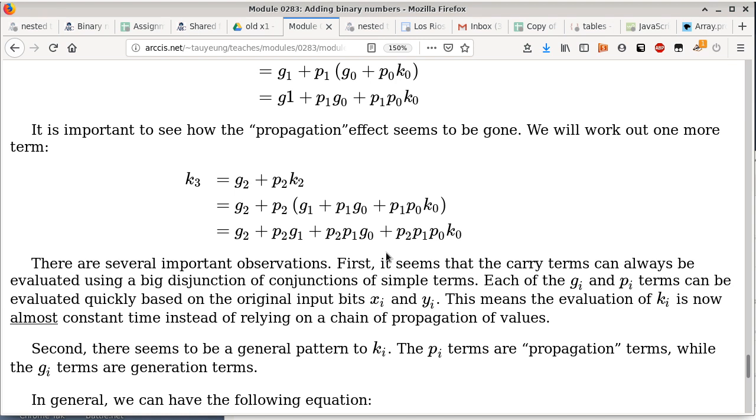So I just completely did this wrong? Well, you kind of missed the point of using the carry look ahead mechanism, because the whole idea of carry look ahead is to reduce or get rid of the dependency of Ki on Ki minus 1.